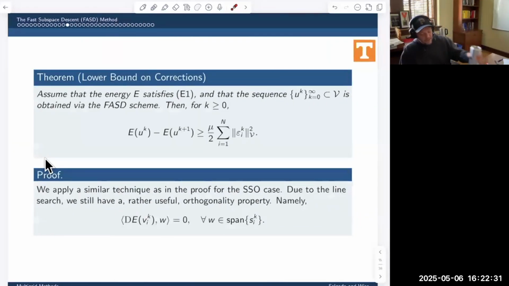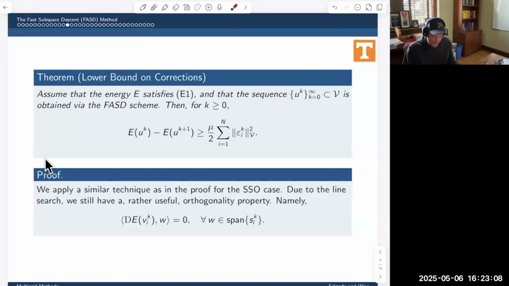Now, it turns out the lower bound in corrections is very simple, and it's a lot like the proof that we employed for the SSO case. We just have to remind ourselves of a couple of key facts. Now, due to the line search that we do at the very end, remember I said that's the key difference between that and FAS method. Due to the orthogonalization that we do at the very end, we're going to have a nice property that we can employ to get this lower bound on corrections, as we'll see shortly.